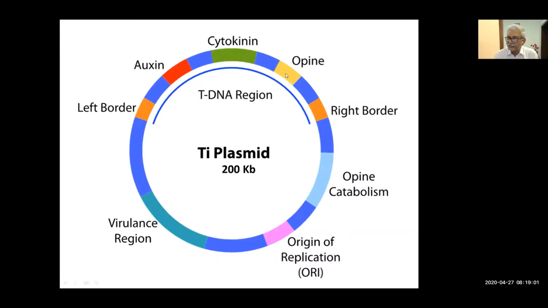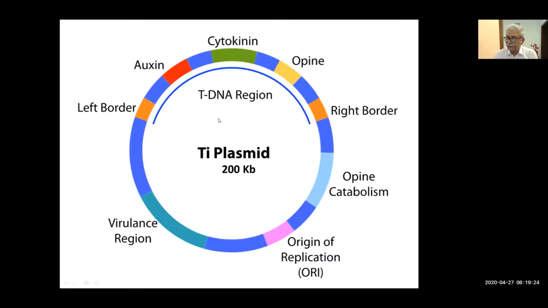So one of the cassettes in this region is always a marker gene. And then because this is quite a big region, 20 kilobase, our cassette for a genetic marker can be 3 kb or 4 kb.